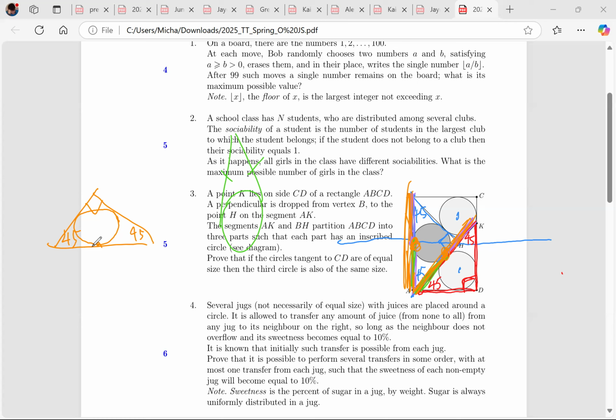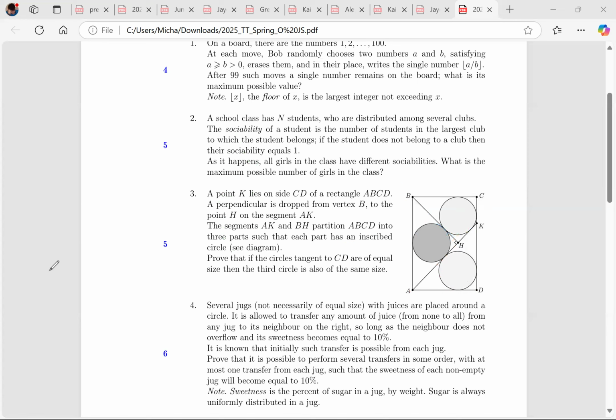What about KDA, ADK? Doesn't this hinge on the fact that it's symmetrical? If you recall what I said, the first step of the argument was that this is symmetrical. The second part said that this length equals this length.